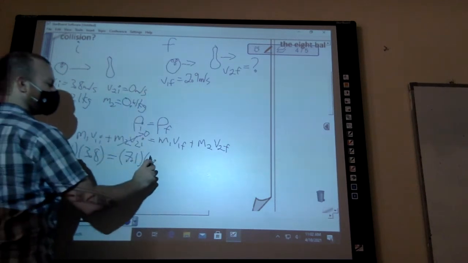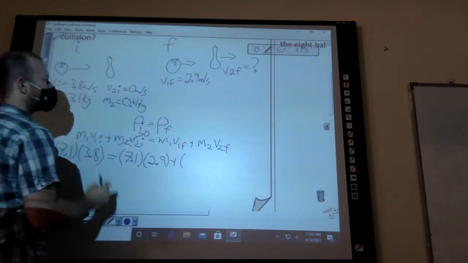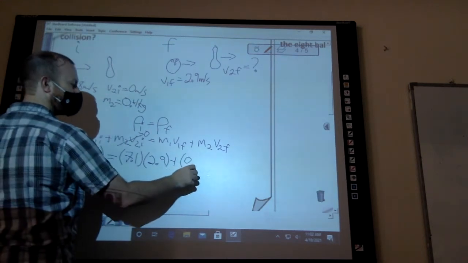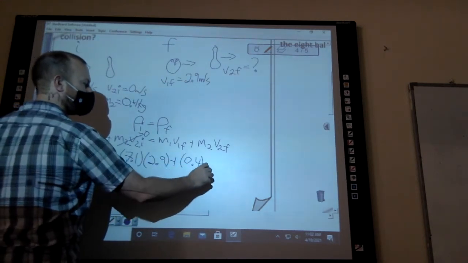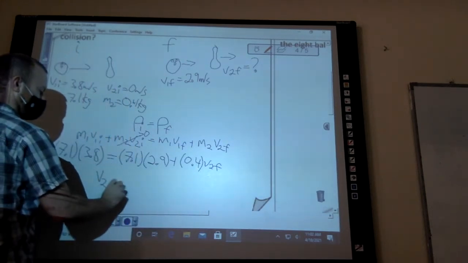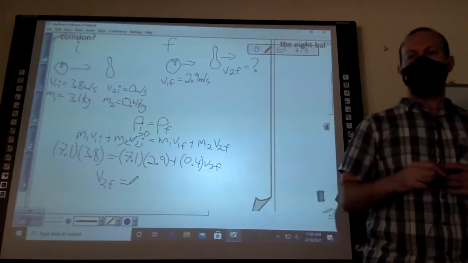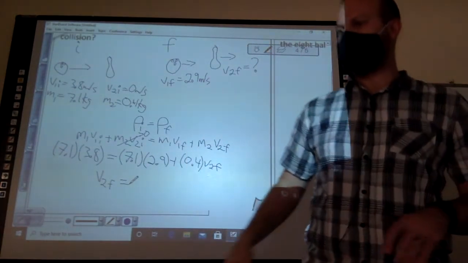We're told that is 2.9. Plus mass 2, which is 0.4, times v2f. So here you should just be able to calculate that.